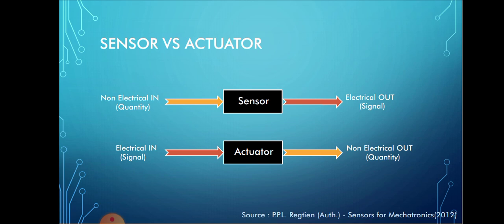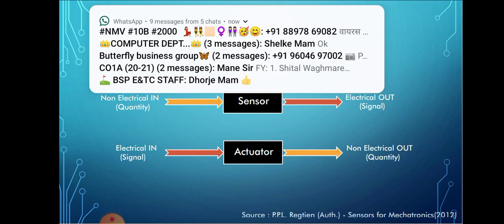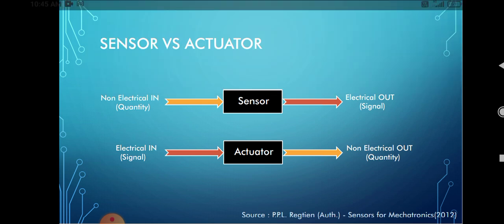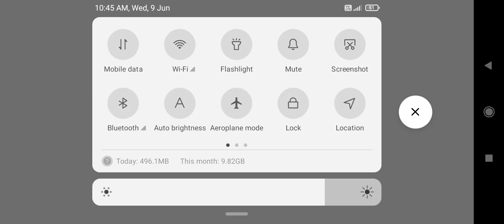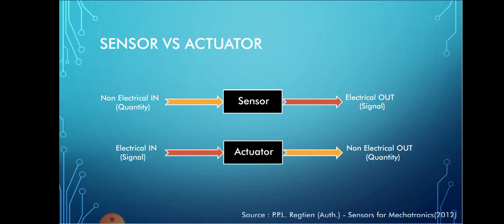Non-electrical quantity means pneumatic or hydraulic quantities, such as pressure or displacement. The sensor produces the electrical output. So this is called a sensor.